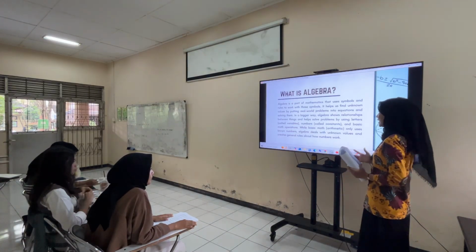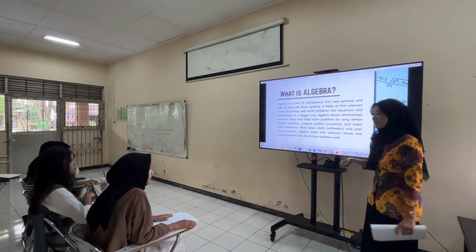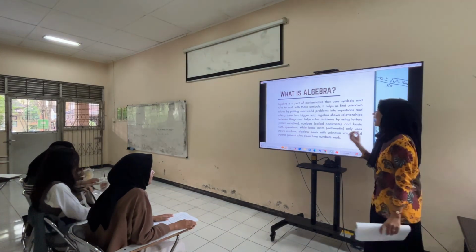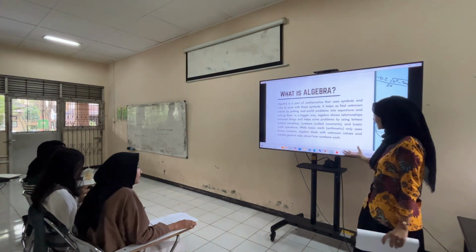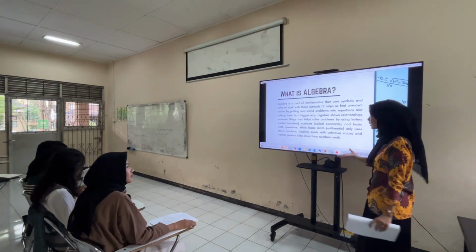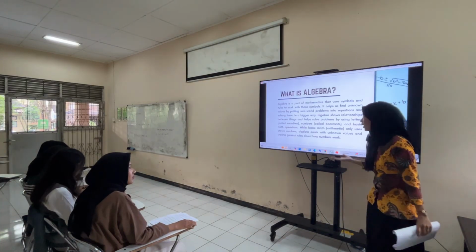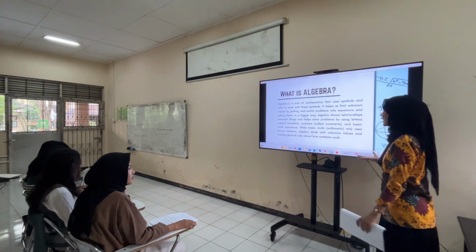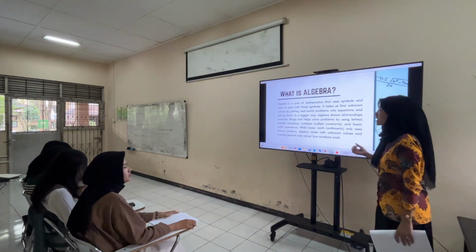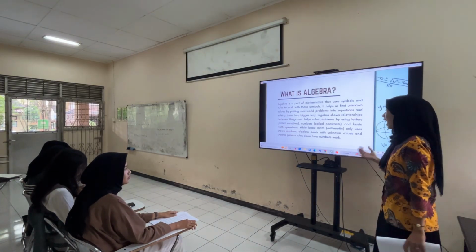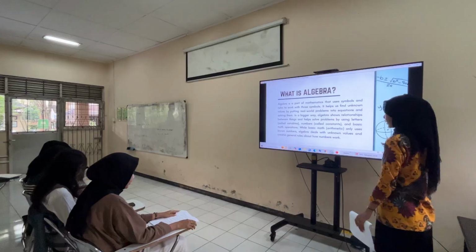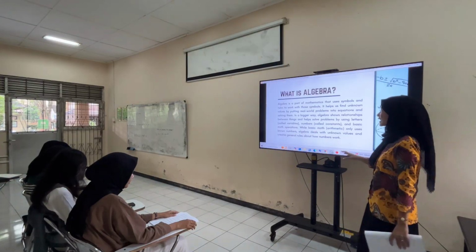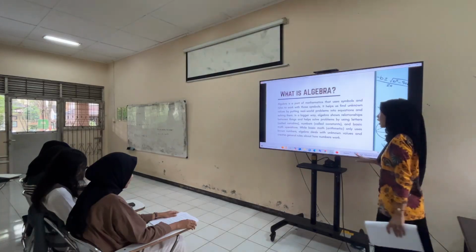In a bigger way, algebra shows relationships between things and helps solve problems by using letters, numbers, and basic math operations. While basic math only uses known numbers, algebra deals with unknown values and creates general rules about how numbers work.